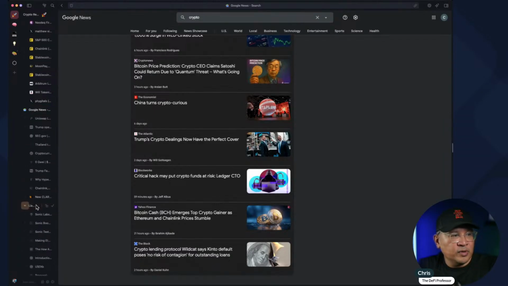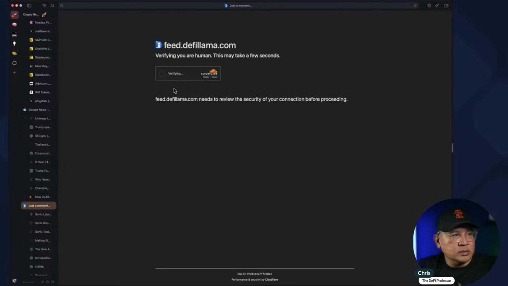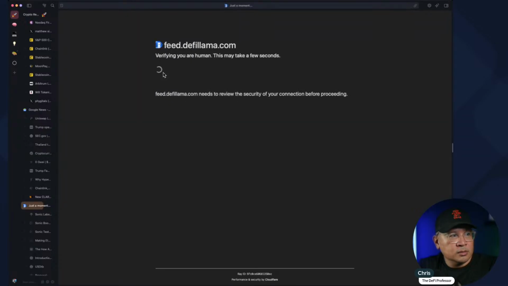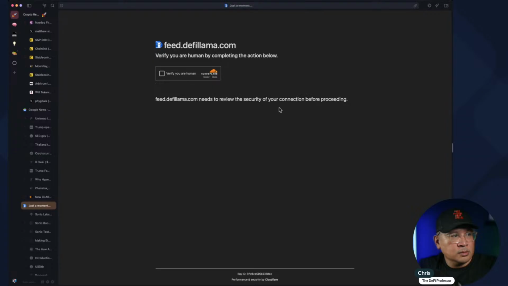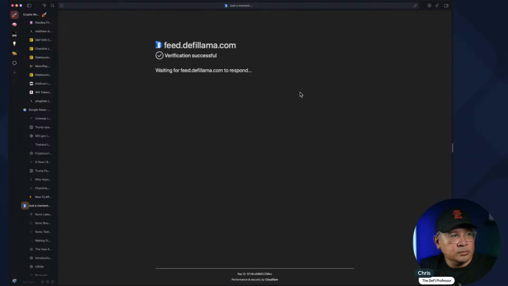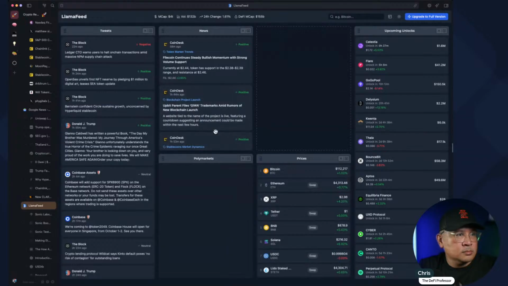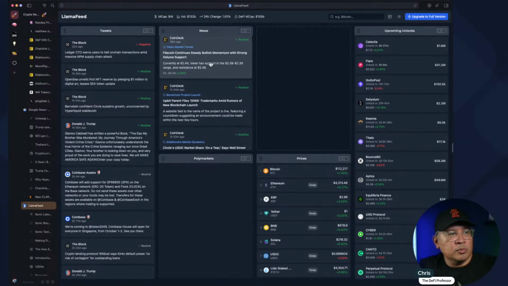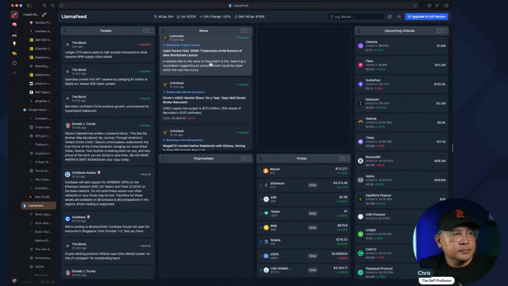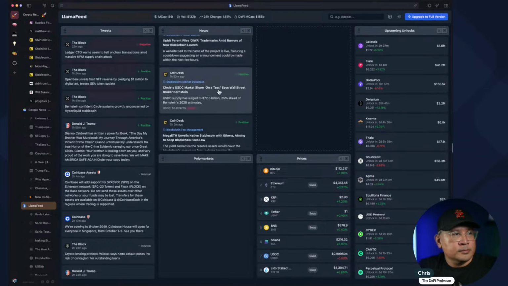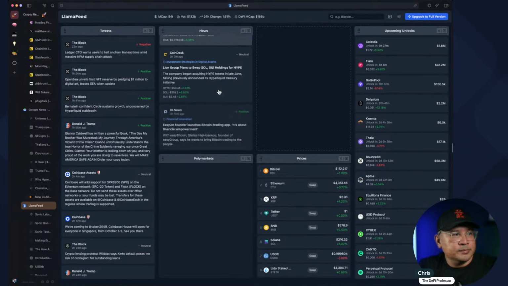All right, we'll hit up Llama Feed. Haven't seen anything else that's amazing. Filecoin continues steady bullish momentum.